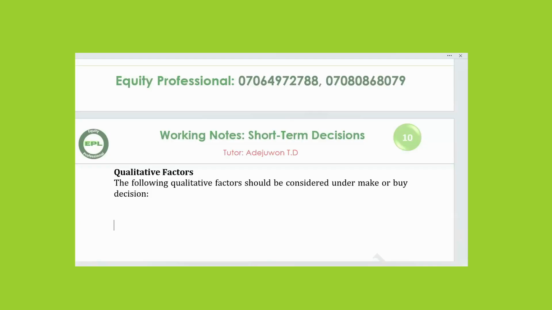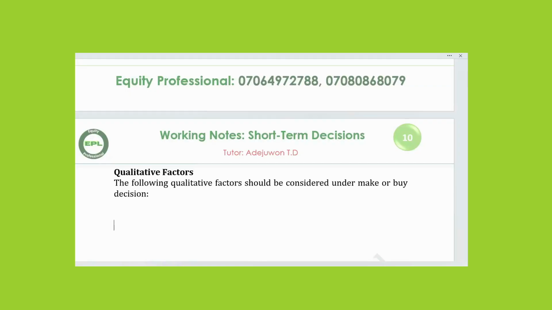All right. Now, why am I saying this? When you are stating your qualitative factors under make or buy decision, you have to think outside the box. If you want to make the component in-house, what are those factors you need to consider? If you want to buy the components from an outside supplier or you want to outsource it, what are the factors you need to consider?